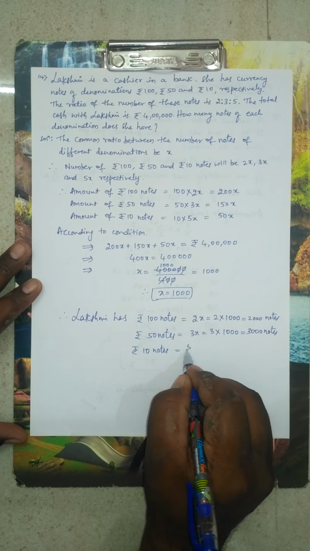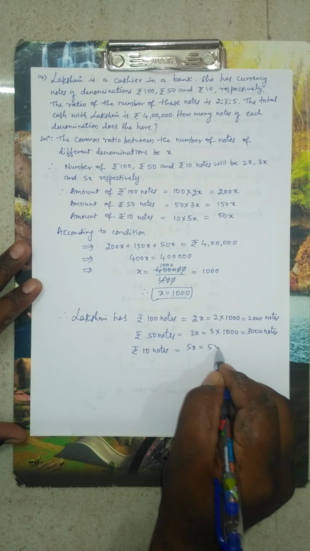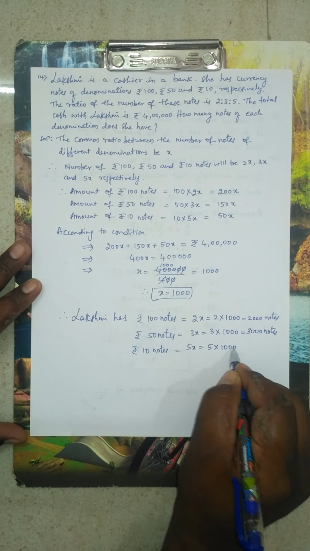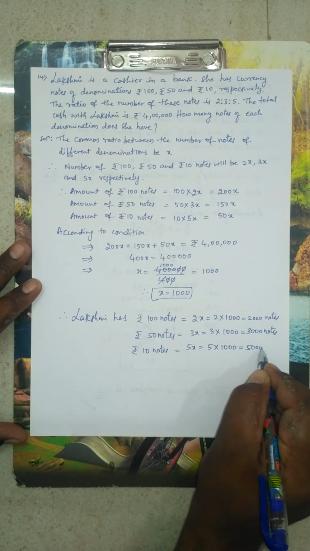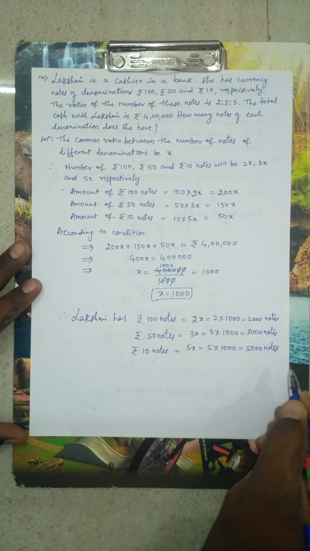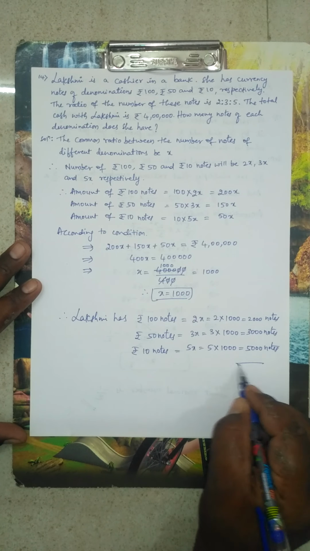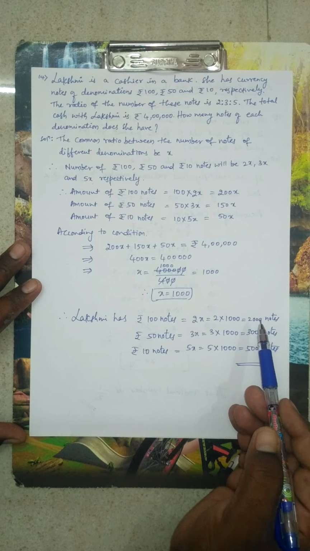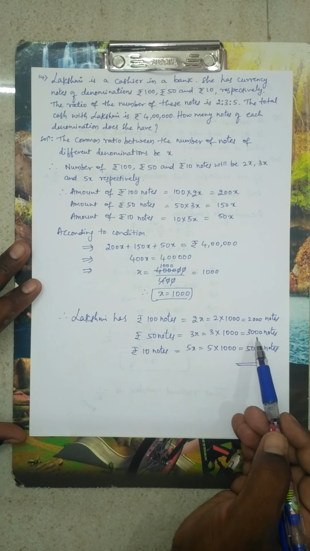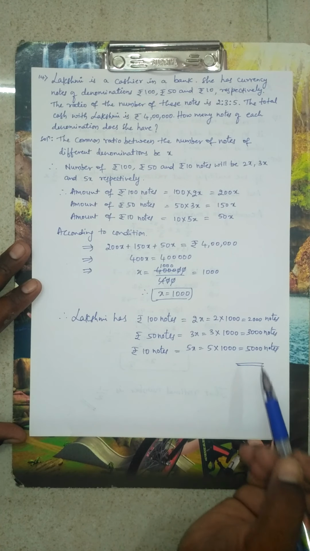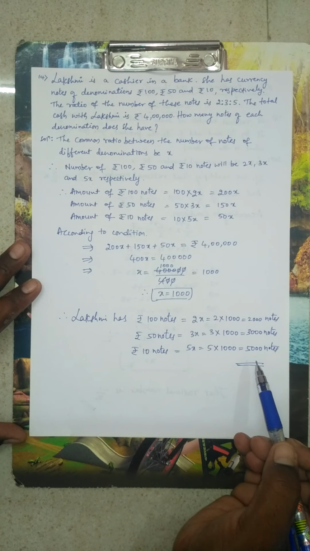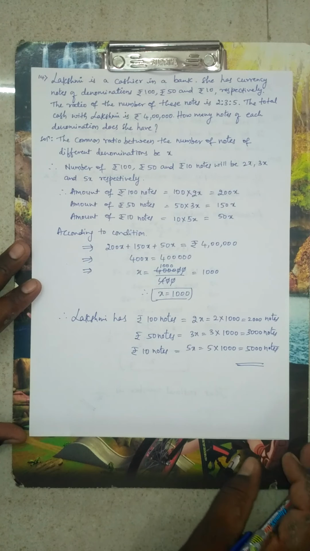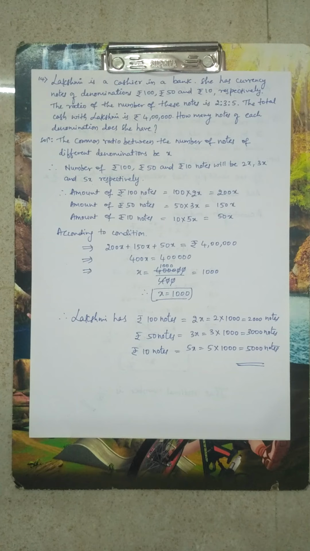So 5 into 1000, the x value, is 5000 notes. According to this, we can say that Lakshmi has 2000 100-rupee notes, 3000 50-rupee notes and 5000 10-rupee notes. So this is our required solution.